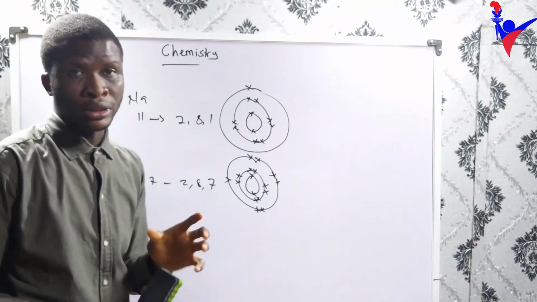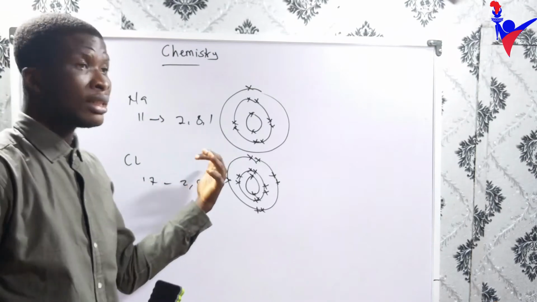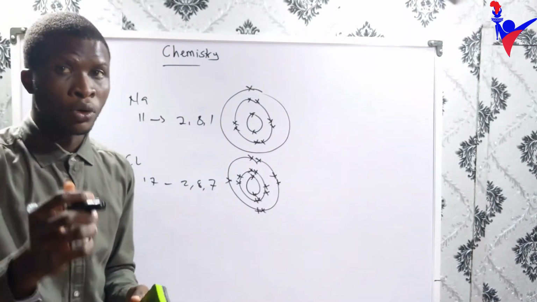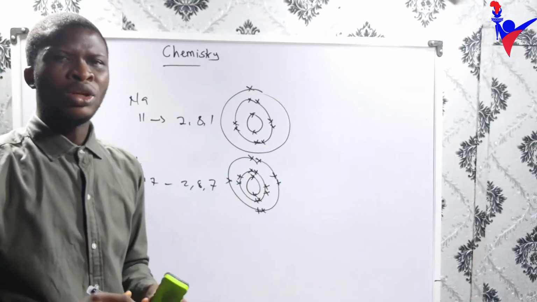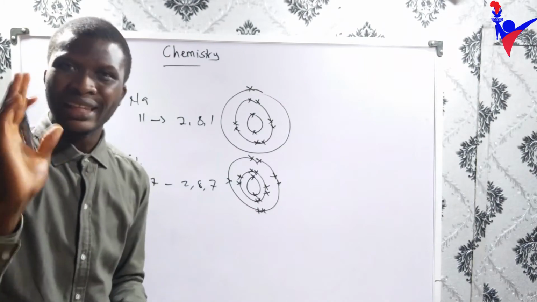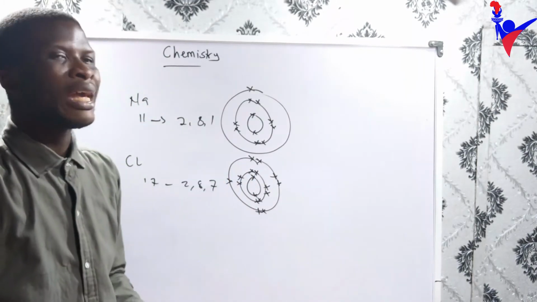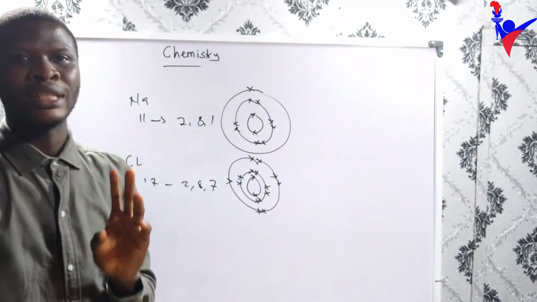When we talk about bonding generally, I think understanding this will aid you in getting this concept very well. The reason why atoms bond is that they want to be stable. They can be stable only when they have the octet configuration, that is, 8 electrons in their outermost shell, or the duplet configuration, which means having 2 electrons in their outermost shell.